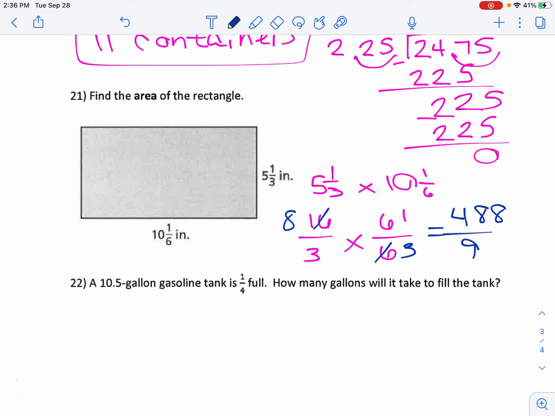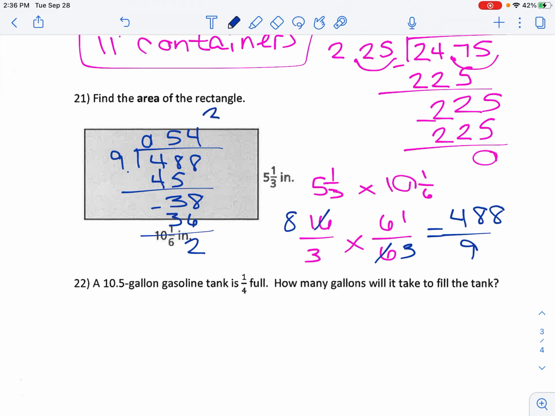Now you know what we've got to do. 488 divided by 9. Find the area. So 54 2/9 inches squared.